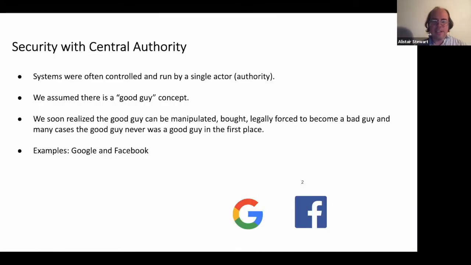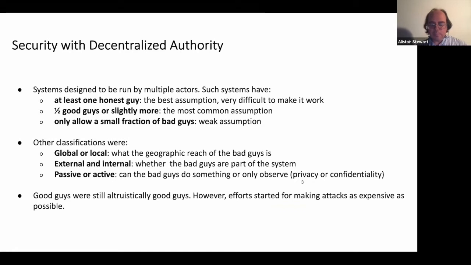So firstly, I want to talk about permissionless things. We all know why we don't want to trust a central authority. We don't want to be Google or Facebook. And so there are different assumptions you can make when you're dealing with a decentralized system. So we have many actors, and we can make honesty assumptions.